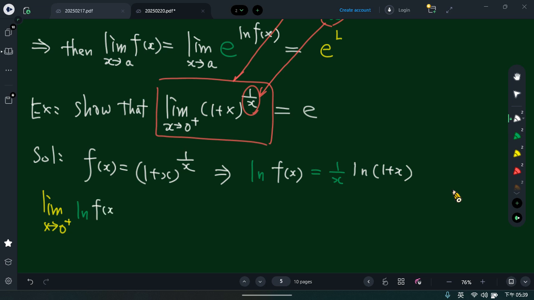With this, we can continue to calculate the limit as x approaches 0 plus of ln f of x. So we get the limit as x approaches 0 plus of ln(1 plus x) over x, right?